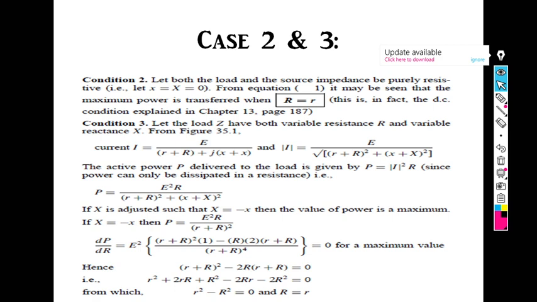The third case, both resistance and reactance of the load are variable. This is not a fixed load, it is a variable load. So in that case, what do you have to do to get maximum power?